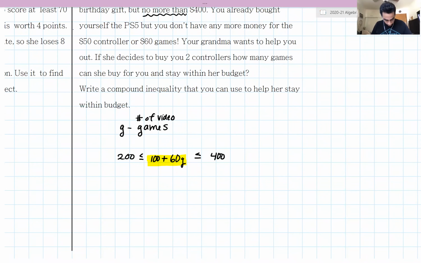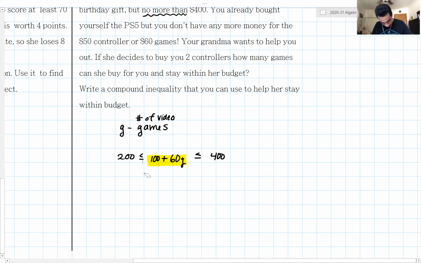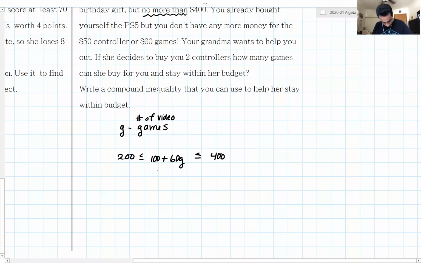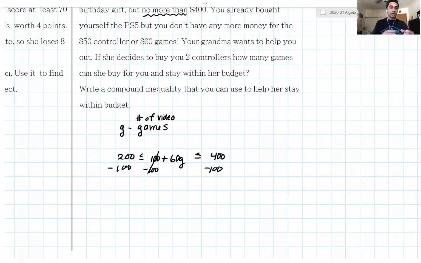All right. So then let me erase this. Let's go ahead and solve. Let's figure out how many games you're getting. So we'll subtract 100 from all 3 sides. So what is this doing? This is basically saying like, okay, from whatever she was going to spend on you, she bought those 2 controllers.